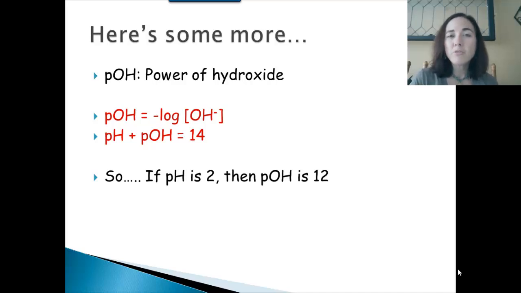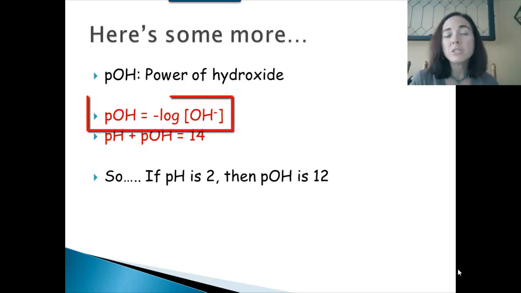There's a couple other formulas you're going to find useful. Just like there's a pH scale, there's also a pOH scale, and that gives us the power of the hydroxide ion, or the base unit. The pOH is equal to the negative log of hydroxide ion concentration. Now this isn't a scale that scientists normally use. Everybody just does pH.